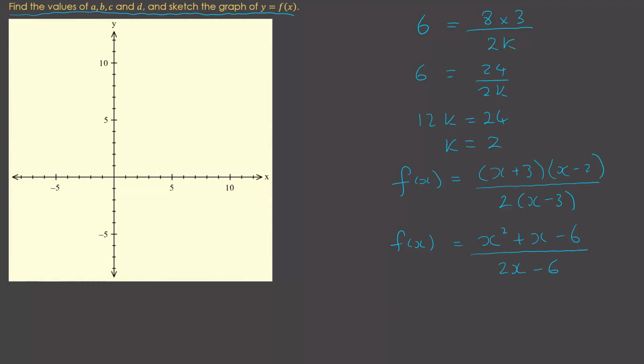And comparing with the original, that tells me that b is equal to 1, c equals -6, a is equal to 2, and d equals -6.